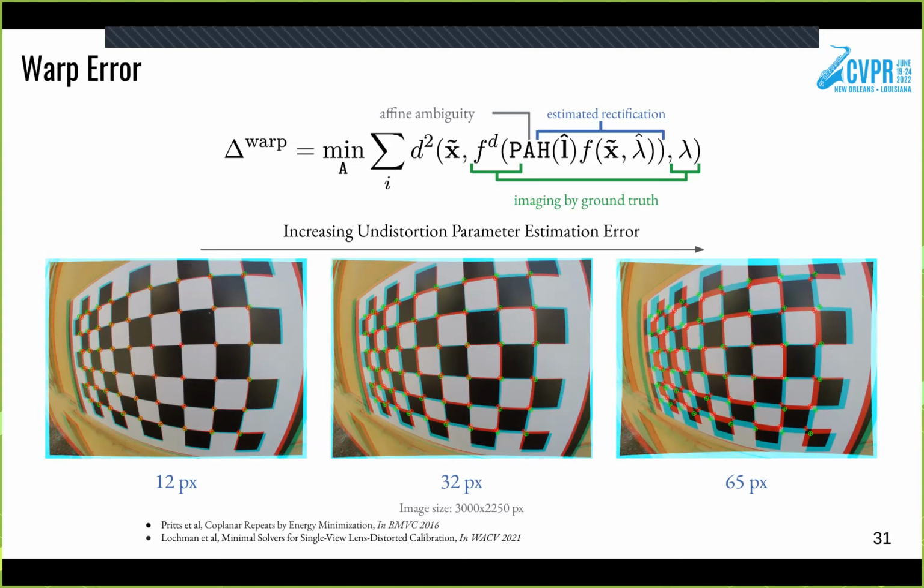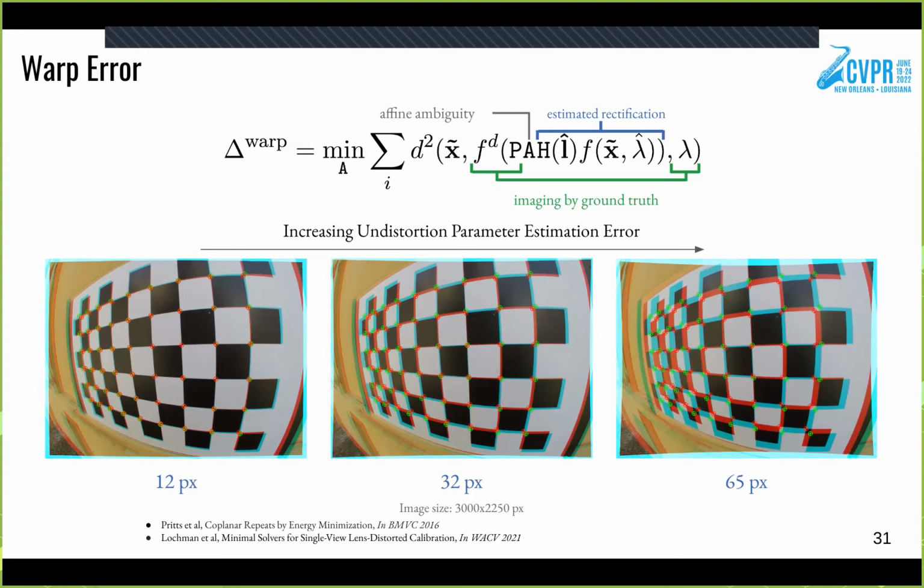Well, how do we measure what a good rectification is? It's actually not straightforward. I'm going to explain this equation a bit. Remember I was speaking about how rectification can be seen as reversing the imaging process, undoing the imaging process up to as little ambiguity between the image and the scene plane as possible.